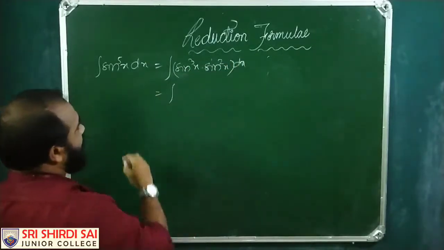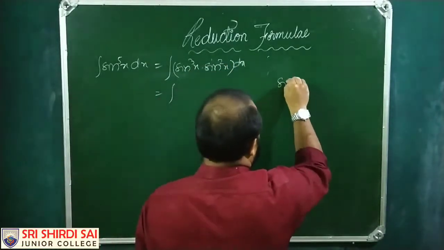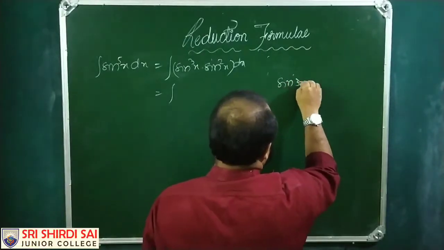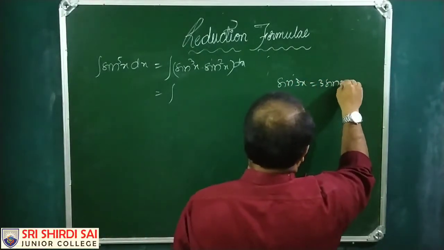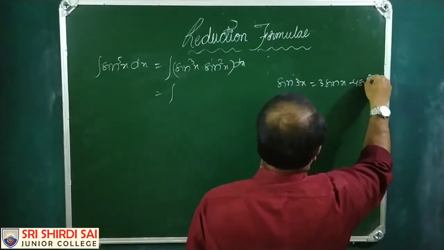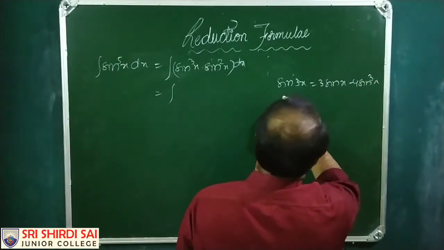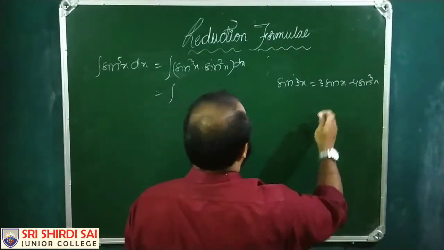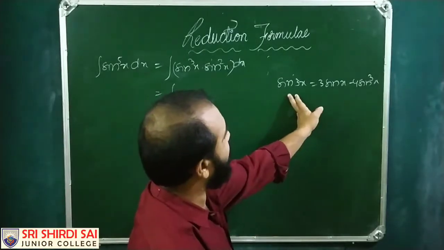So we have the formula for sine 3x. What is sine 3x? 3 sine x minus 4 sine cube x. So 4 sine cube x equals 3 sine x minus sine 3x.